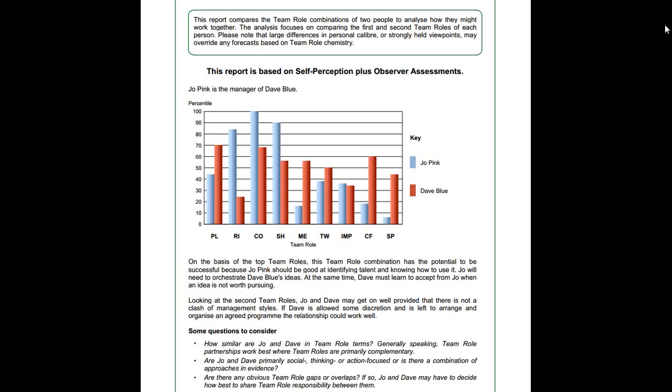So it's her view of being a more generalist coordinator versus the ideas that are coming through from Dave. How is that combination going to get on, and in this case it's also taking into account the factor that Joe manages Dave, which may or may not be a real situation.